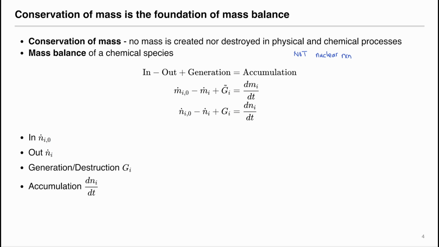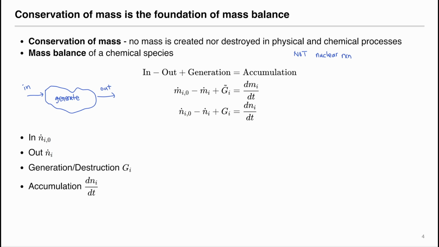Because no mass is created or destroyed, the mass balance of each chemical species can be considered for a control volume. For example, we are interested in some volume, and there will be some inlet going into the volume and some outlet going out of the volume. The volume itself can have chemical reactions that generate some chemical species.